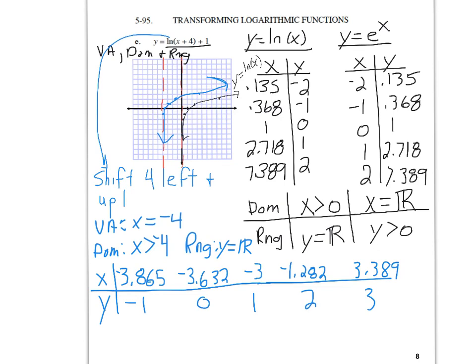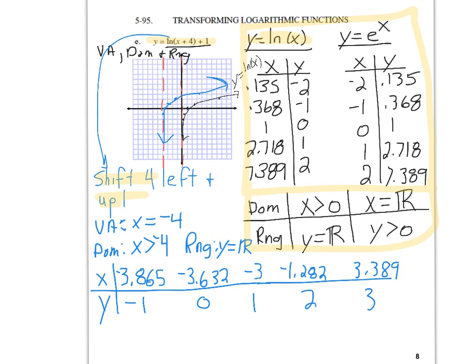Okay, welcome back. You can take a look at all the work on the right-hand side, if that's something that we've already done in the past, where we've taken and graphed the ln of x. Now we need to take that table for the ln of x and apply the 2 transformations that we have here, which is a shift of 4 units left and a shift of up 1.